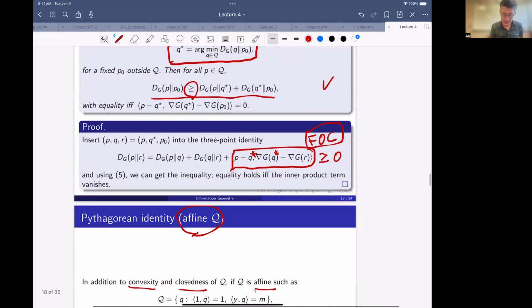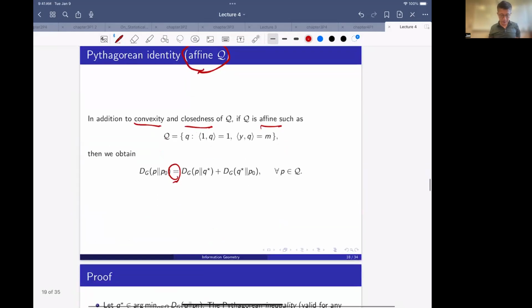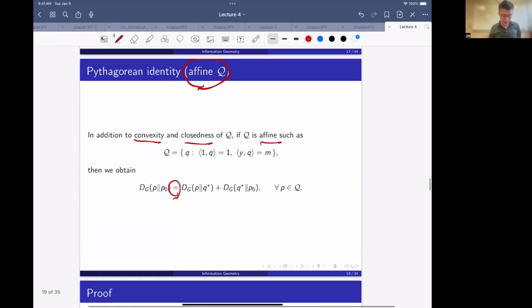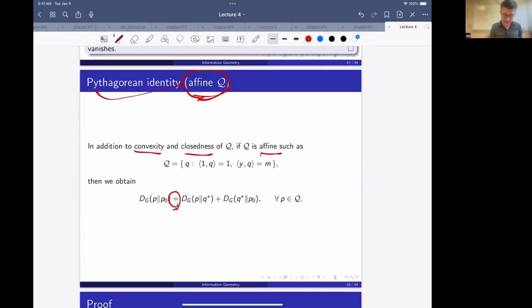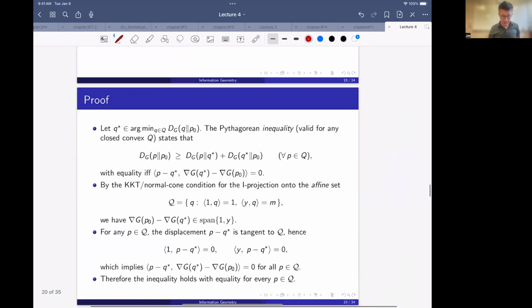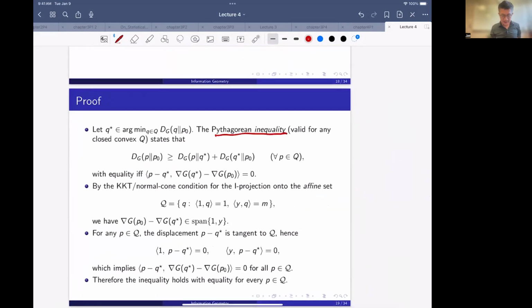So that we have this one. And then if we have equality in this inner product, then we'll have equality in the Pythagorean theorem, right? And so how to show? Okay, so here's the Pythagorean identity for affine. We know the Pythagorean inequality says that we have this one, with equality if this inner product is 0.